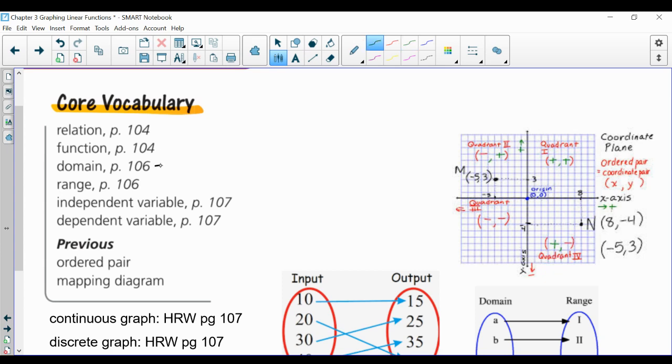The domain is my x values, and it's always my input. The range is just my y values, and it's always the output.